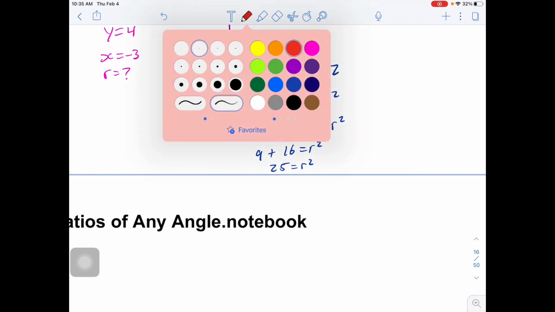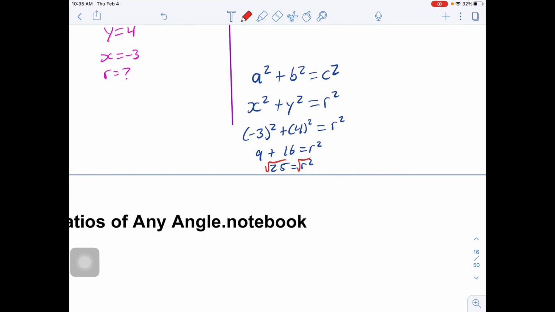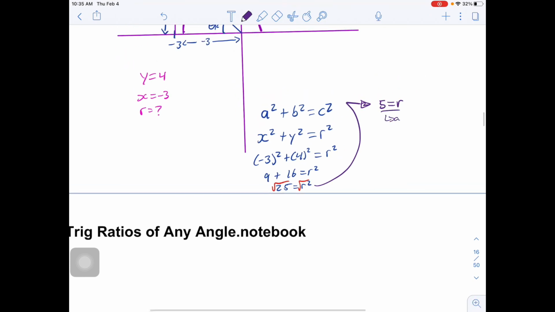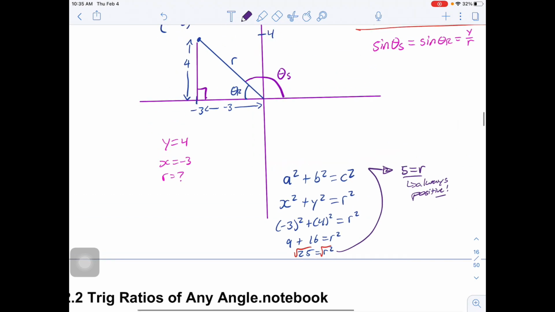And then I'm going to square root both sides. So 5 equals r. And remember, r is always positive. Okay, so r equals 5.